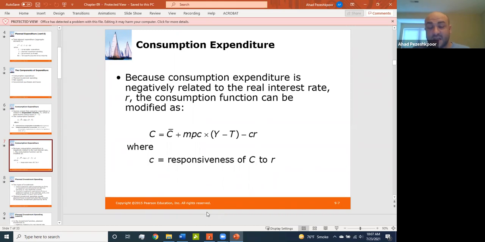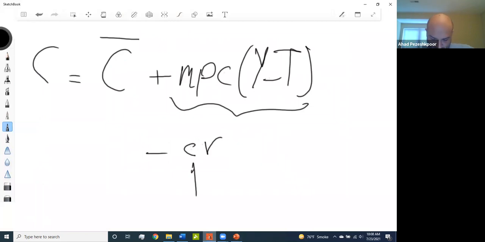This lowercase c depends, again, on the character, how responsive you are to that real interest rate. Responsiveness of consumption with regard to real interest rate. So this marginal propensity to consume incentivizes you to consume.